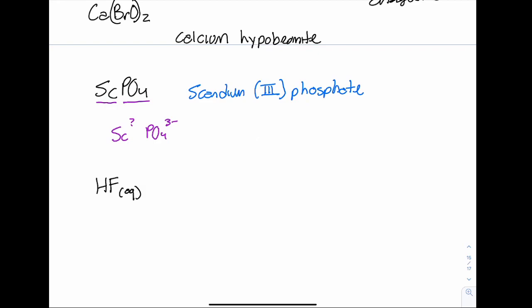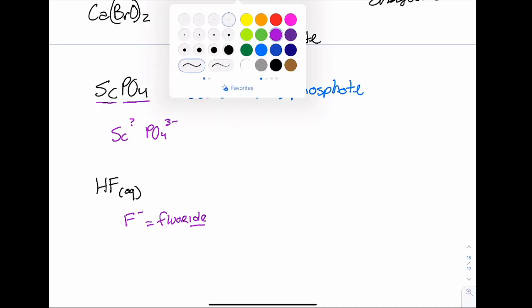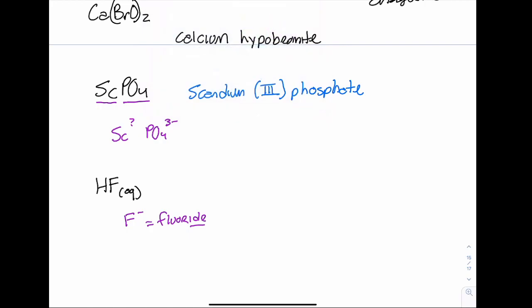And then we have to look at what our anion is, which is F- in this case, and we have to look to see what it ends in, and F- is fluoride. So this was the first rule we had for naming acids. Our name is going to be hydrofluoric acid.